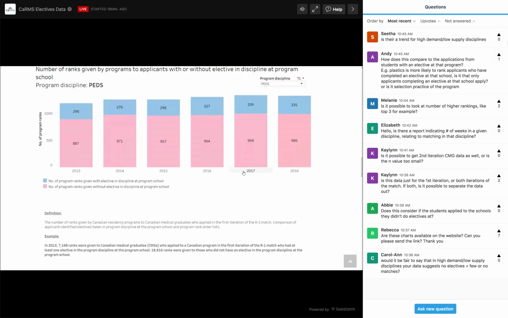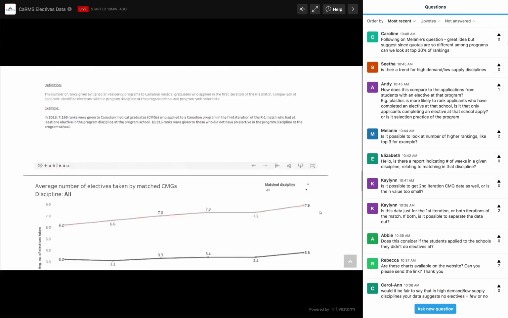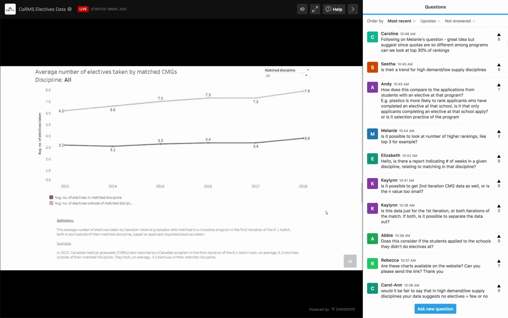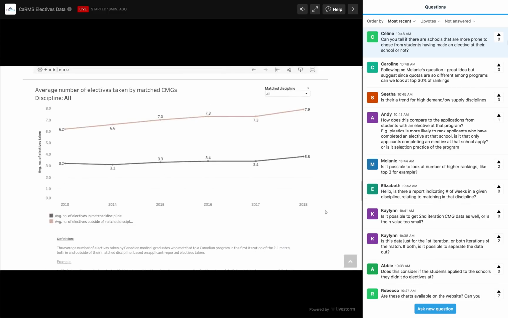Okay, moving on to the 5th slide, and now on the 5th slide we're changing the view of this considerably. Before we were looking at matching outcomes and ranking outcomes. Now we're looking at the number of electives taken by matched Canadian medical graduates, both in the matched discipline and in disciplines outside the matched discipline, and showing that clustering of electives.